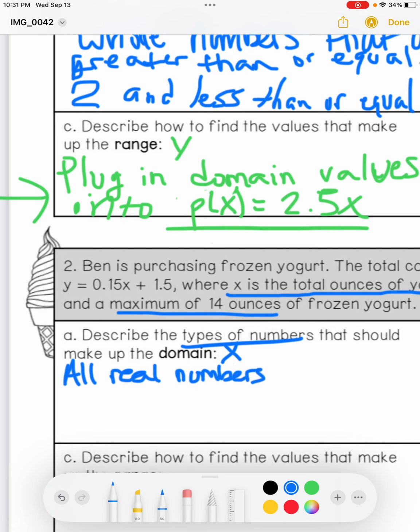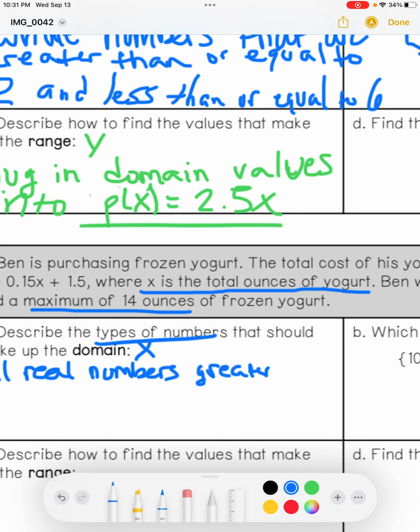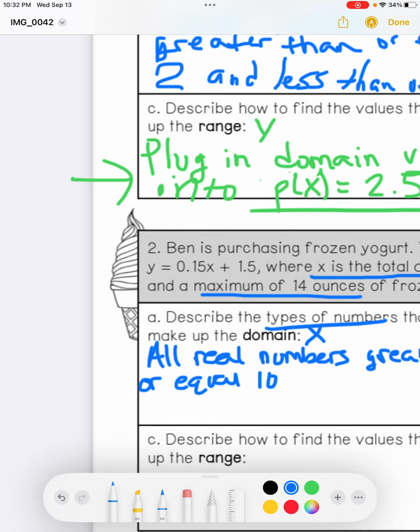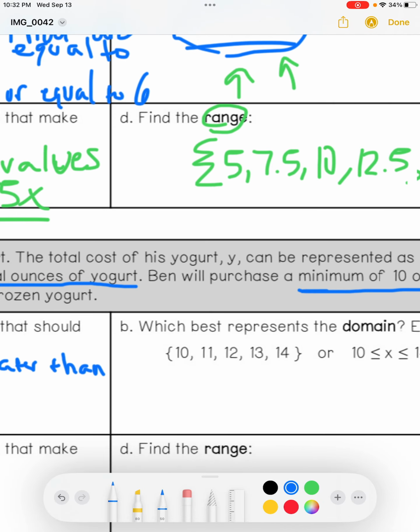Now you go, well, that's a lot of numbers, right? And Ben said he only wants from 10 to 14. So I'm going to say I want only the real numbers that are greater than or equal to 10, because I wanted a minimum of 10.